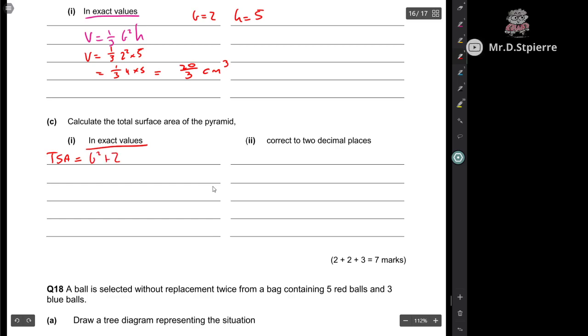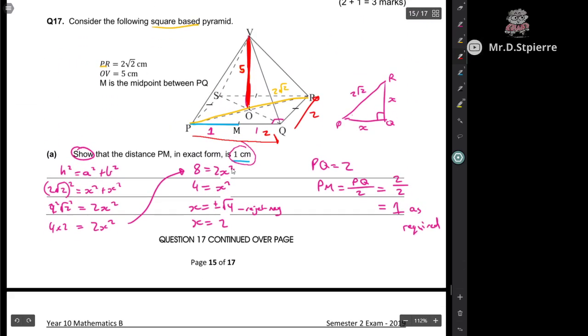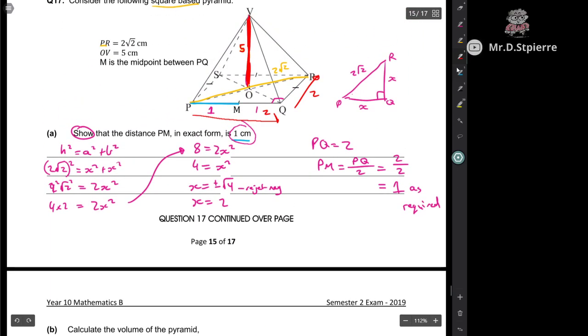B squared plus 2bh. And this is now, knowing the pyramid formula, the total surface area. Let me change color up here. Let's go with this green.